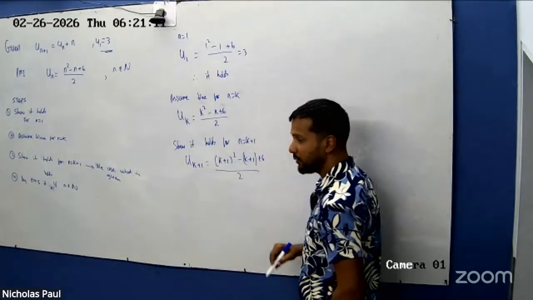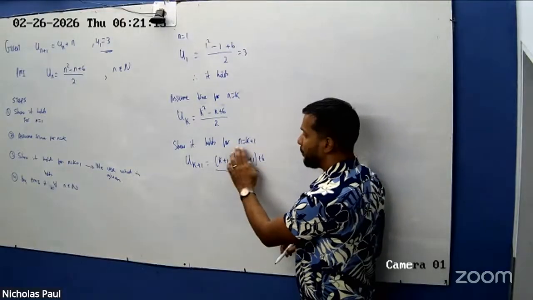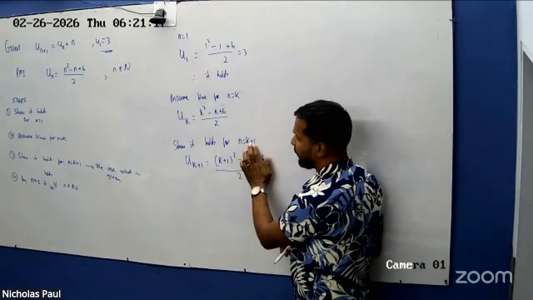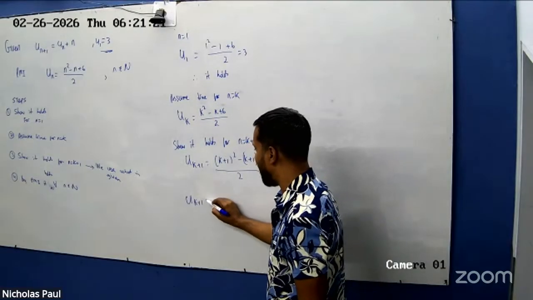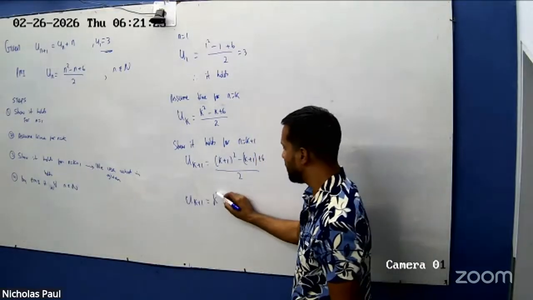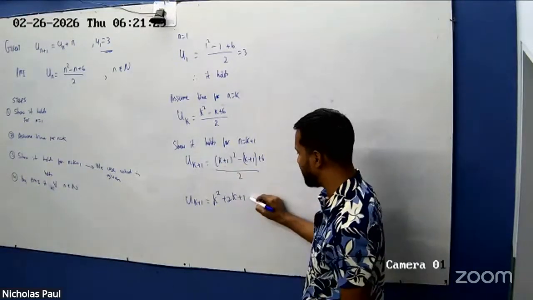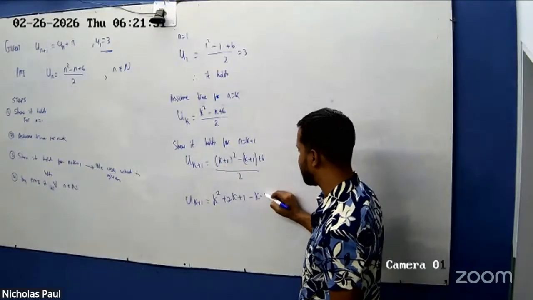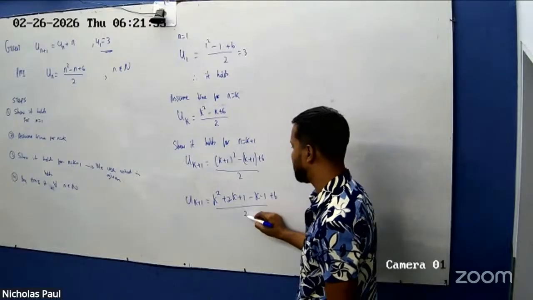Everybody okay with that? Let's simplify it and make it look a little bit nicer, right? But I'm putting k plus 1 in here. So it gives us an idea of what we have to prove. This line here is what we're going to have to prove, right? K squared plus 2k plus 1. I expanded this. Now I expanded this plus 6 all over 2.